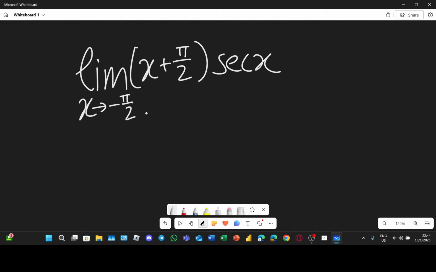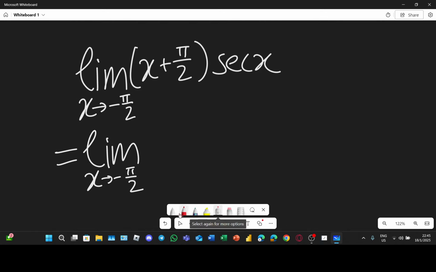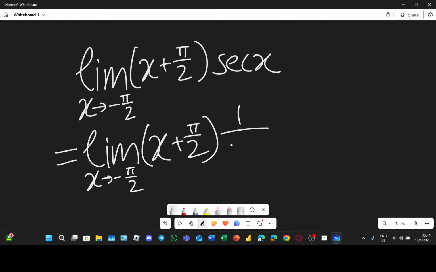So before we try to apply L'Hopital's rule for this limit, we'll have to convert it into a rational form first. And to do that, we will convert secant x into a reciprocal form, into a rational form. And we know that secant x is 1 over cosine of x.